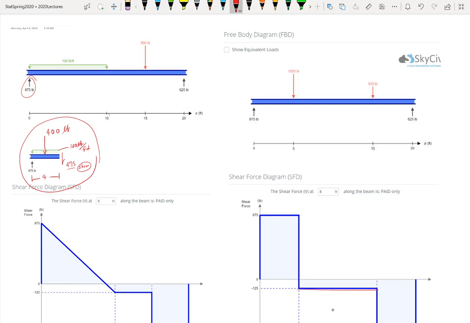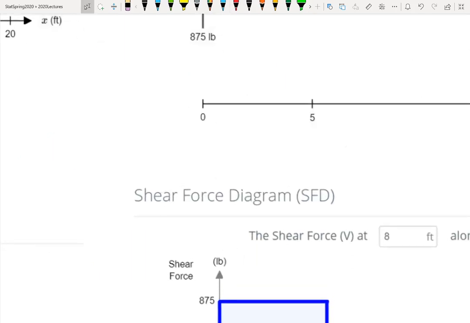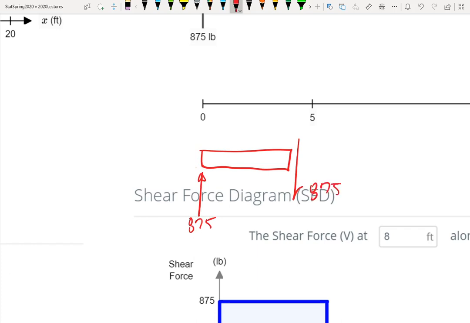Okay, let's move to the moment diagram. Let's take a look at this one first. Let's go ahead and take our value of 4. We essentially have an 875 here and an 875 here.